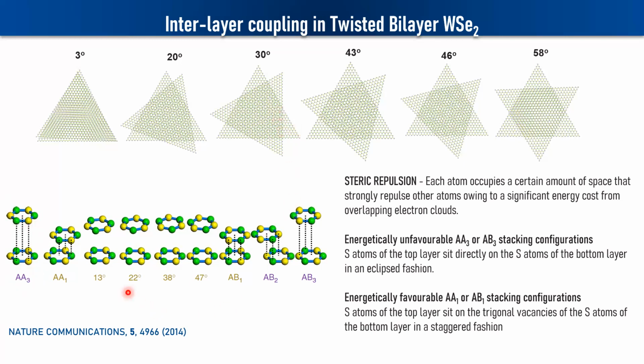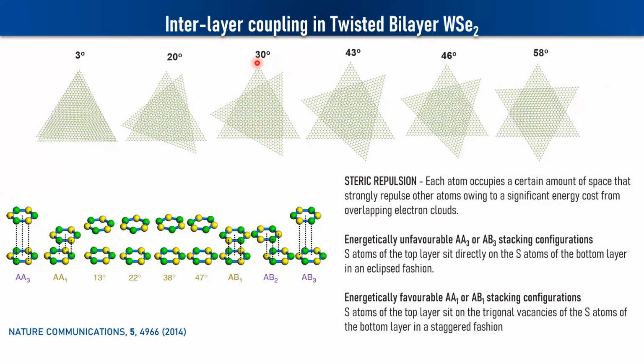So near 30 degree, you can see that there are places where there is very strong steric repulsion, whereas in the other cases, like close to the 2H or the 3R, these repulsions are reduced, and these are in the energetically favorable stacking configuration.